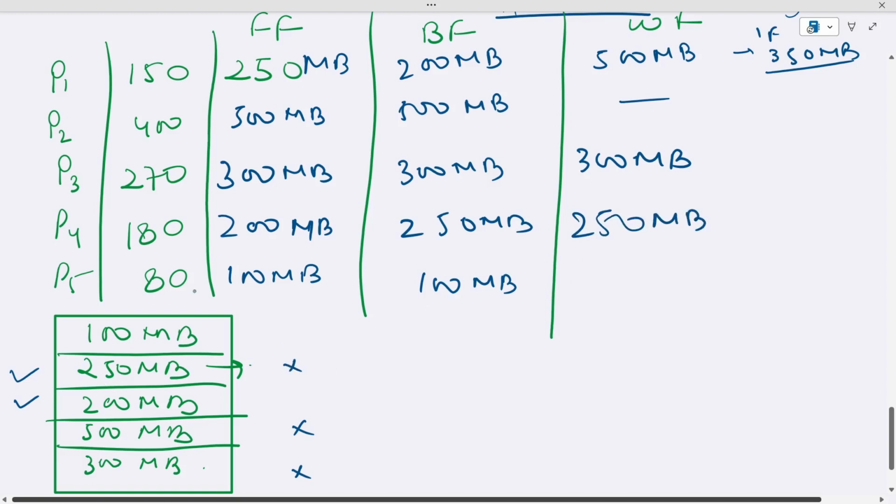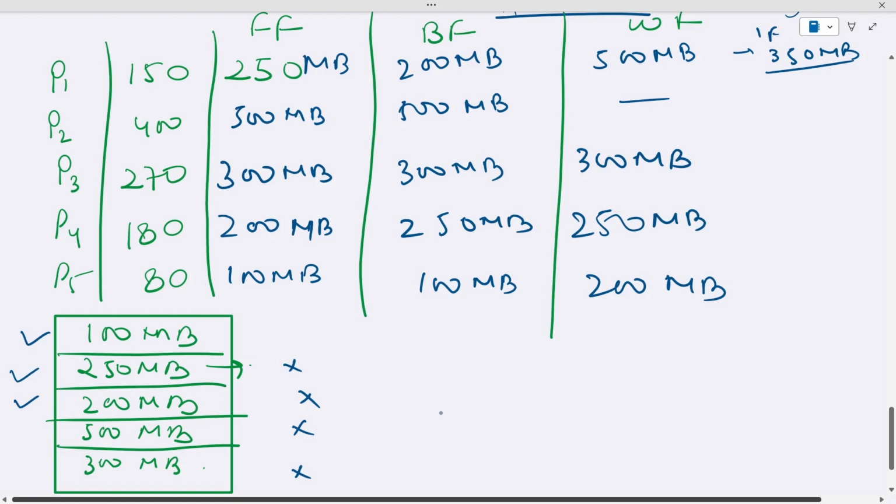Now for P5, 80, we could assign it to the first block, the 100 MB block, but we cannot because it gives less internal fragmentation; we need worst fit. So 200 MB of space is allocated to P5. This is how we can solve this question.